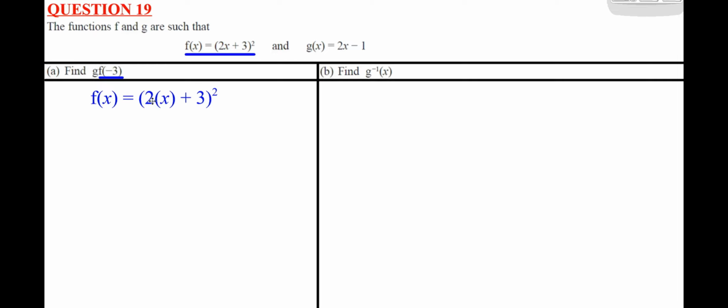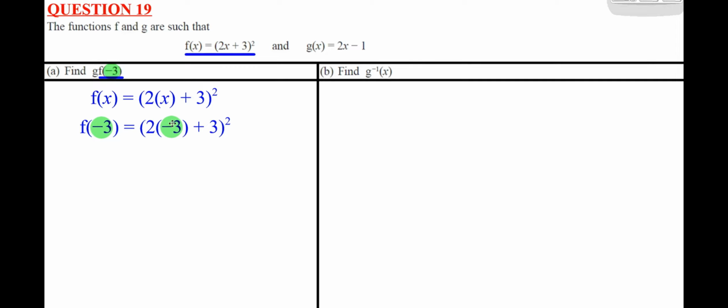So if instead of an x our input is negative 3, all we do is erase the x and put in its place a negative 3, like so. So f of negative 3 is 2 lots of minus 3, then add 3, squared. It's a calculator paper, so by all means just type that in exactly as it looks on your calculator. I'll explain what it is.